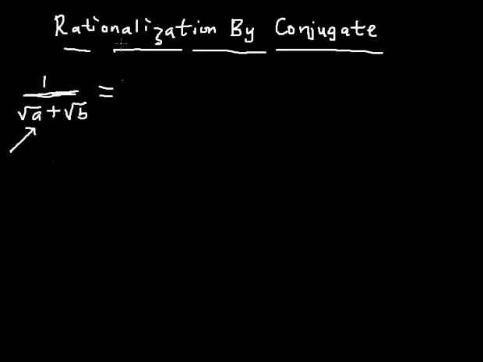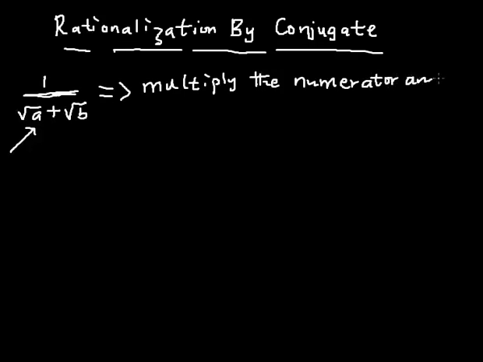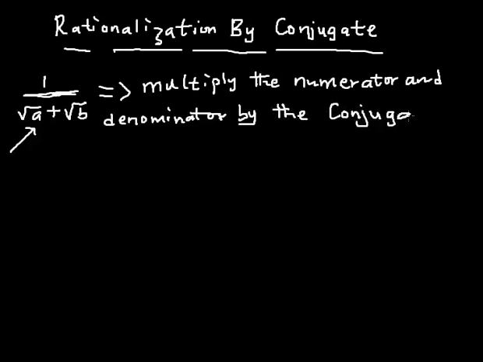So for you to rationalize, you multiply the numerator and the denominator by, not the surd in the denominator now, but by the conjugate of the denominator.